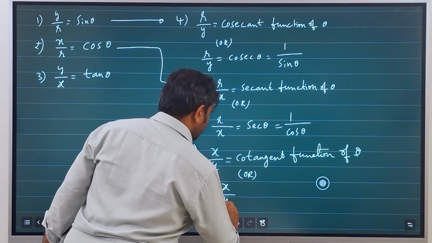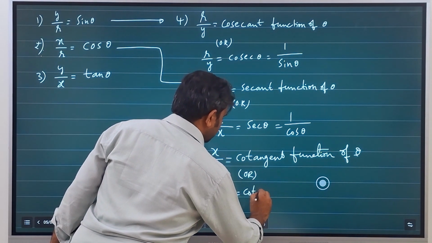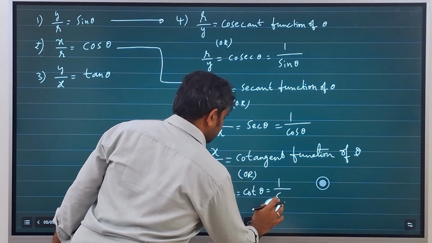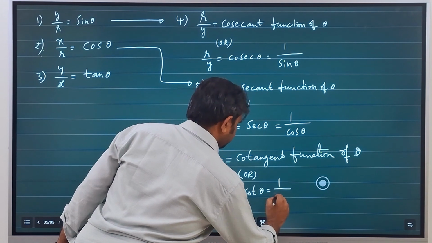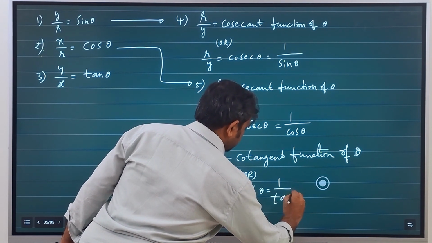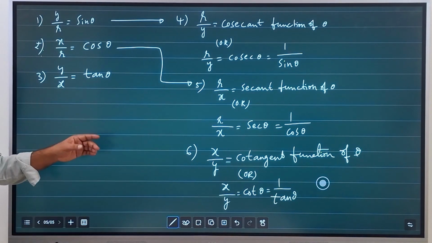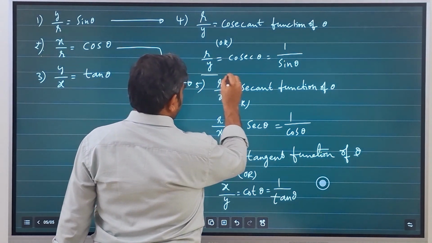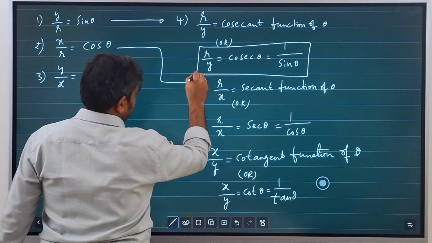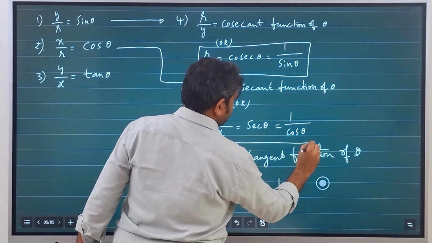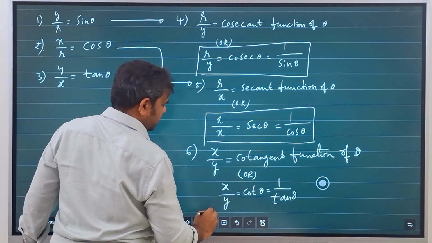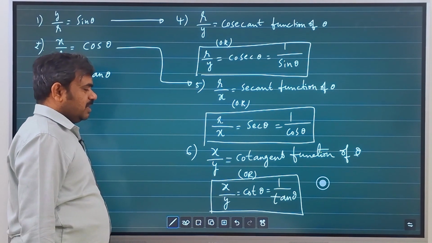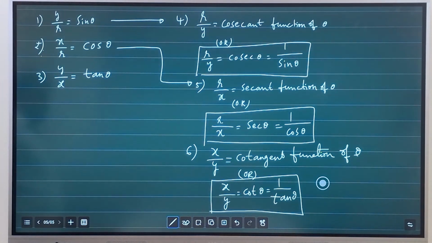X divided by y is equal to cot theta, is reciprocal of tan theta. So these are the reciprocal ratios of the first three functions. This is the reciprocal of sine theta, and here is the reciprocal of cos theta, and here is the reciprocal of tan theta. These are the 6 trigonometric ratios that we are going to study.